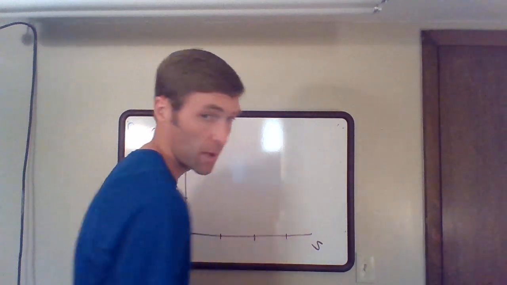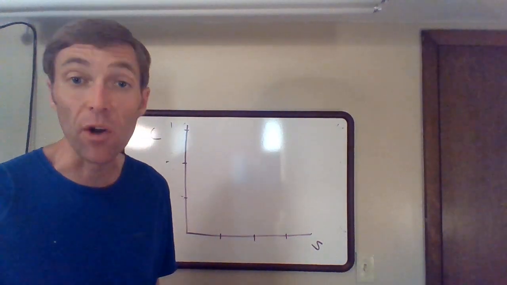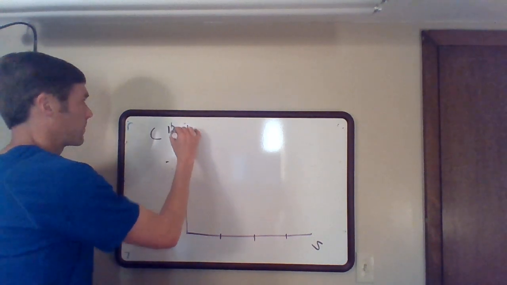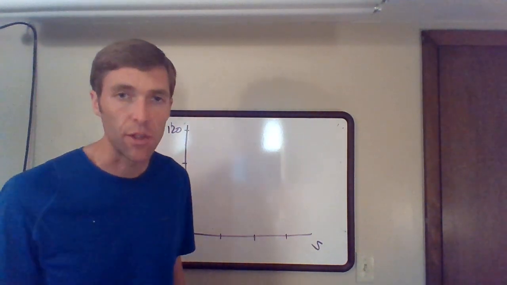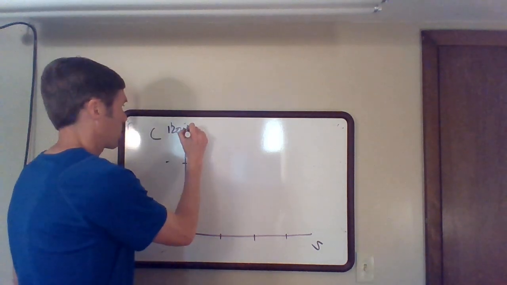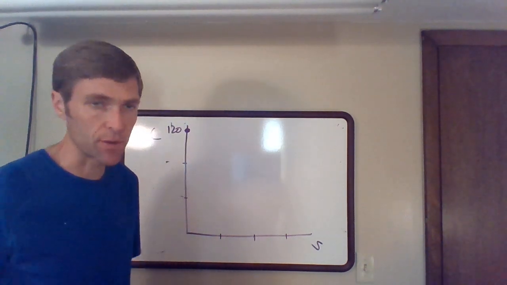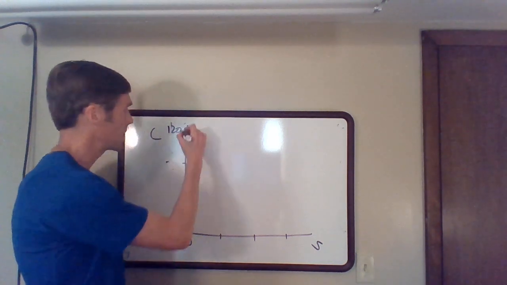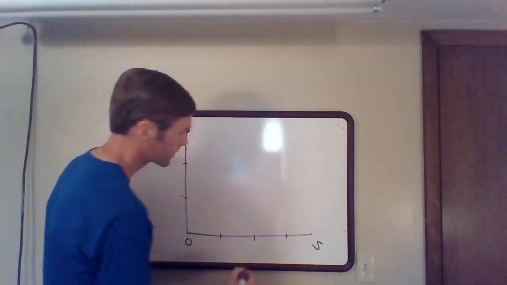Now, graph paper works much, much better than measuring out marker lengths, but this will get us close. If we only planted corn and land was our only constraint, we could plant 120 acres of corn. That's what this point represents. 0 acres of soybeans, 120 acres of corn.